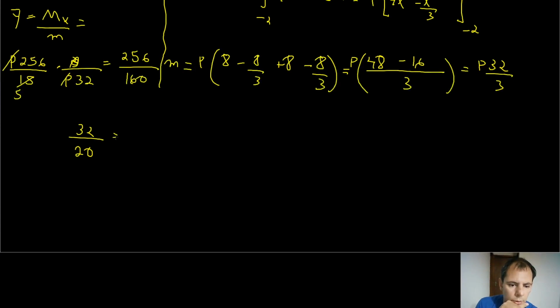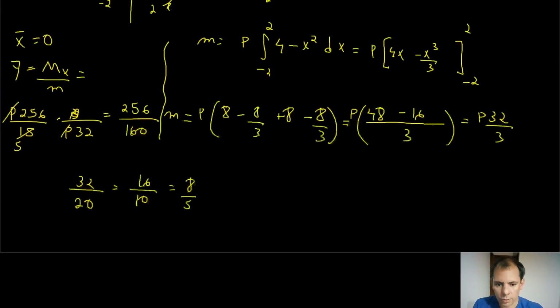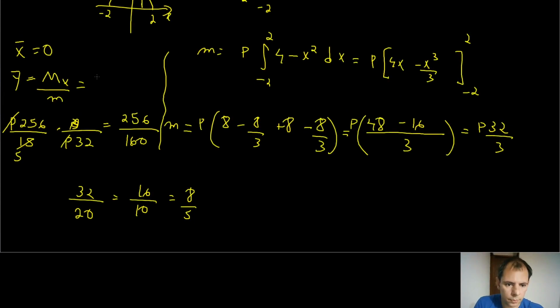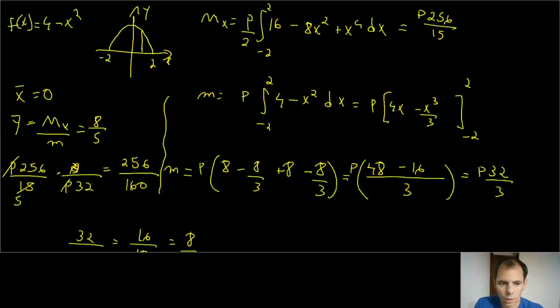Divided again, it'll be 16 over 10. Divided again, it can be 8 over 5. So yeah, 8 over 5 is going to be the center of mass y coordinate.